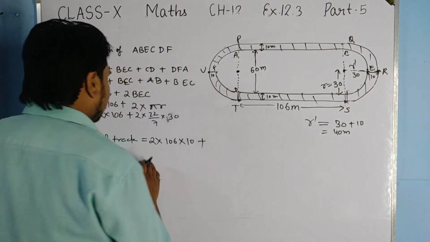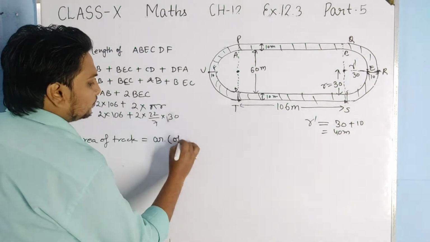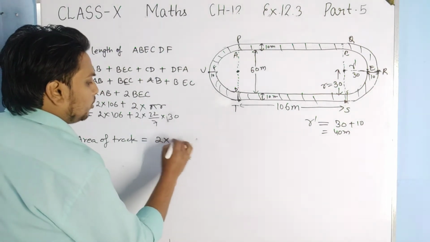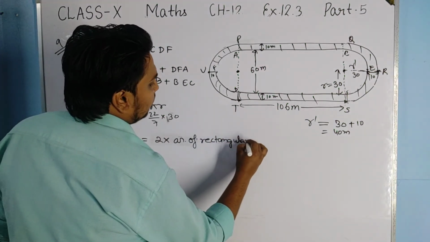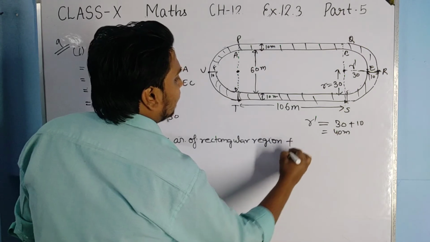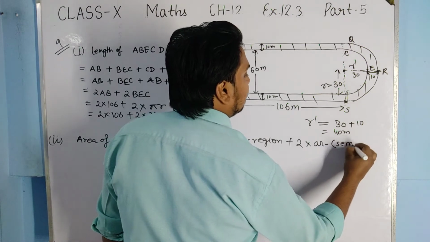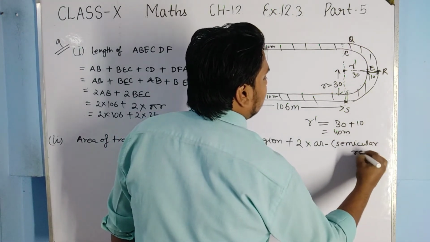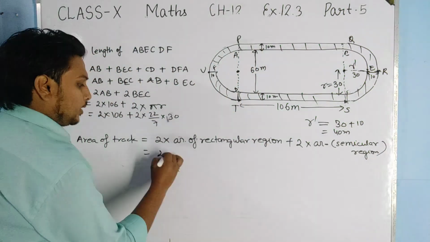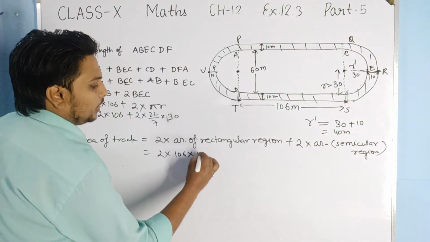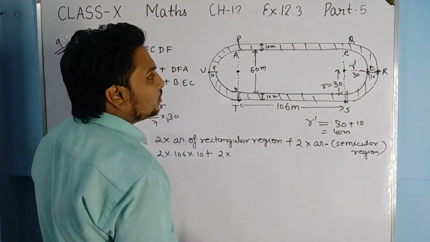Okay, one statement you can write here, students, so that it will be more proper: area of 2 into area of rectangular region plus 2 into area of semicircular region.